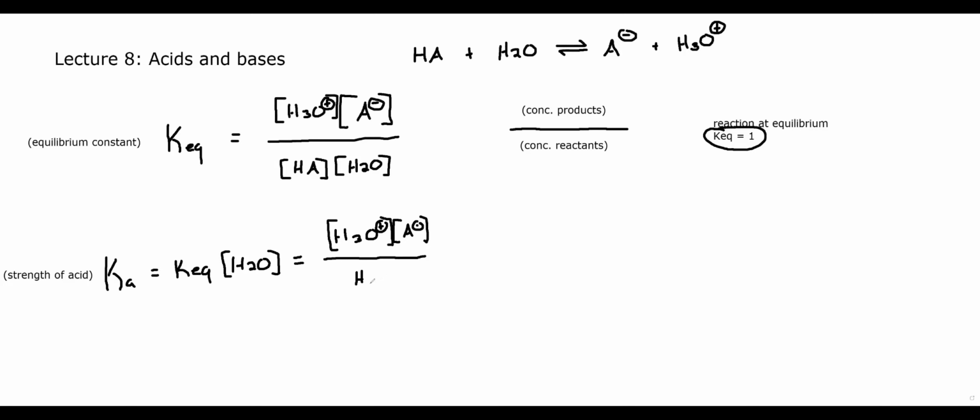Okay, we multiplied both sides by water. So we call that Ka, or the strength of an acid.